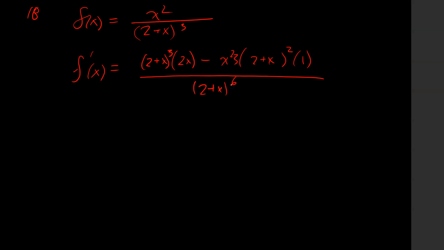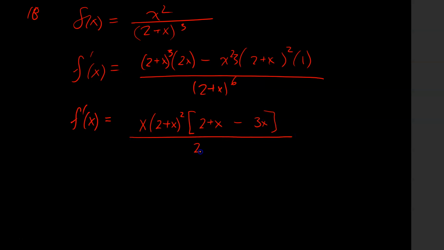And I'm just going to go ahead and square that cube. Ooh, do I want to multiply that out? Not really. Maybe I'll just factor. So factor out an x and a 2 plus x squared. And we'd be left with 2 plus x minus 3x over 2 plus x to the power of 6.